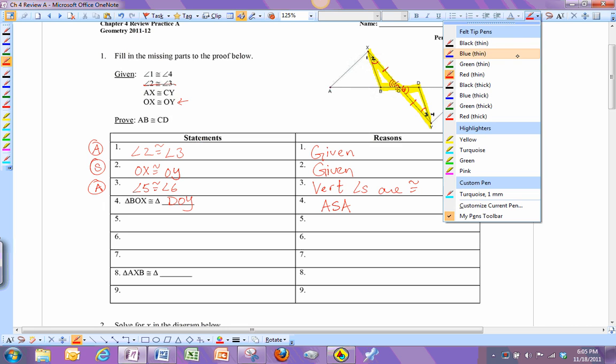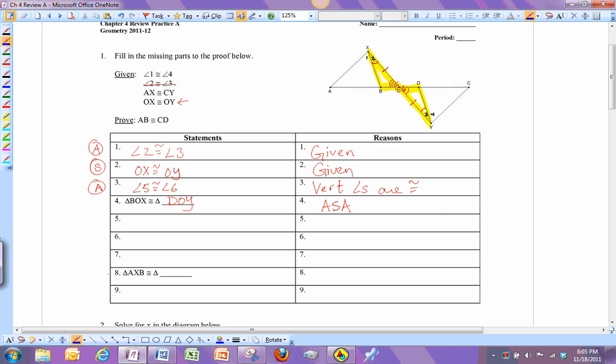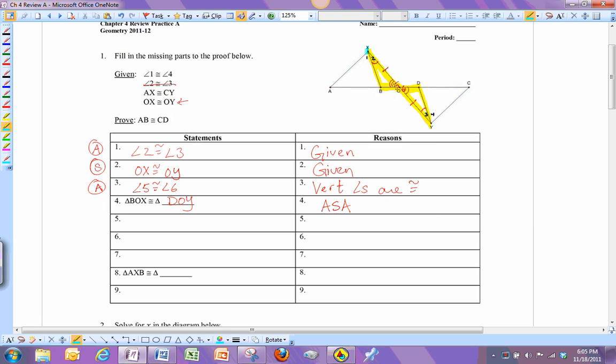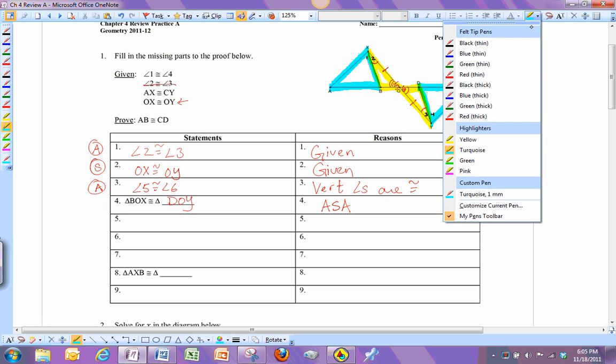Okay, so in Step 7 down here, it says triangle AXB. And if we look at AXB, that's this triangle here. And you can probably guess that we're going to try and match it up with CYD over here. Right?